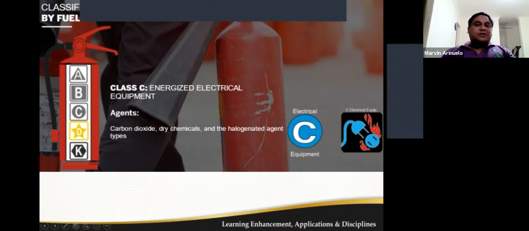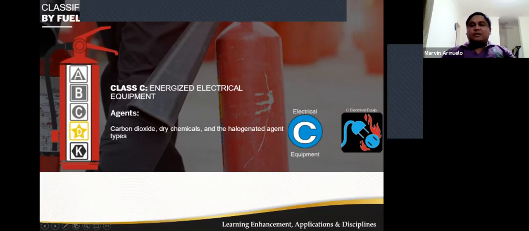The Class C designation indicates that the portable fire extinguisher will not conduct electricity back to the user when the extinguisher is discharged onto a fire involving energized electrical components. The agents for Class C use include carbon dioxide, dry chemicals, and halogenated agent, which are non-conductive types of material.